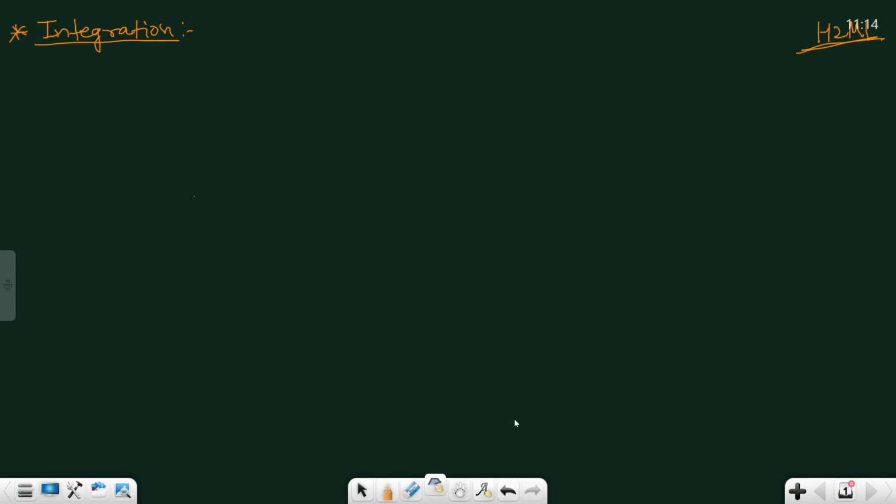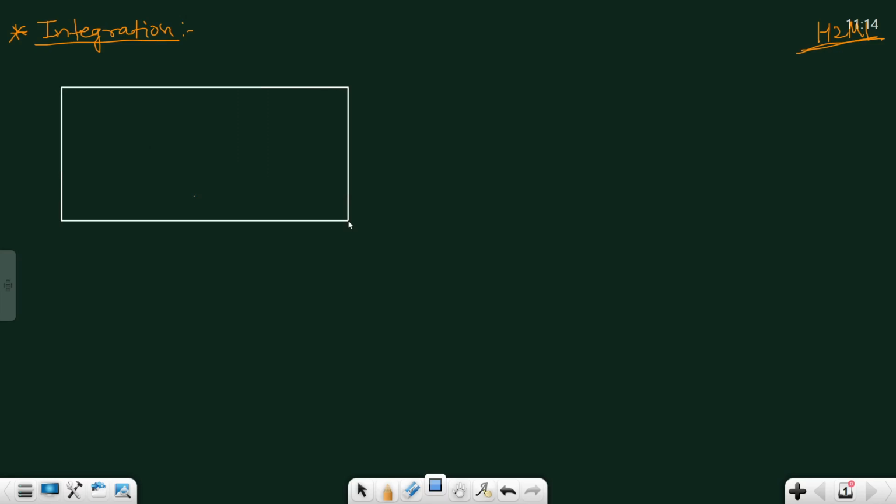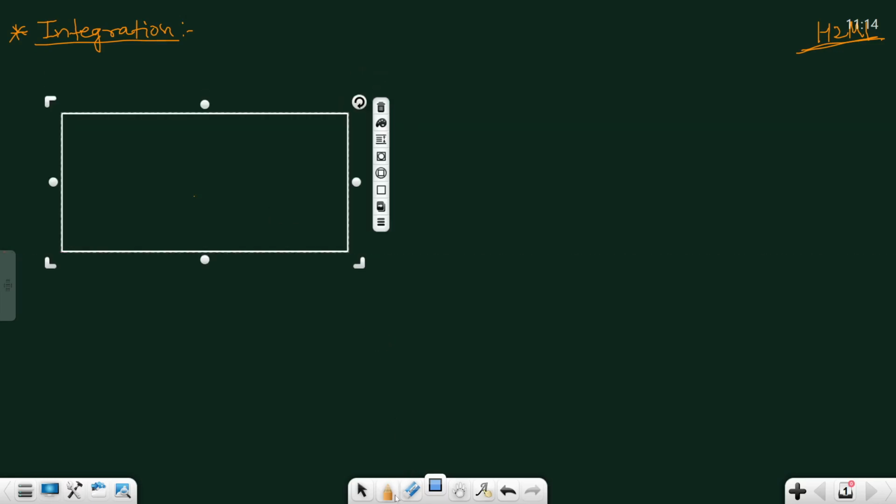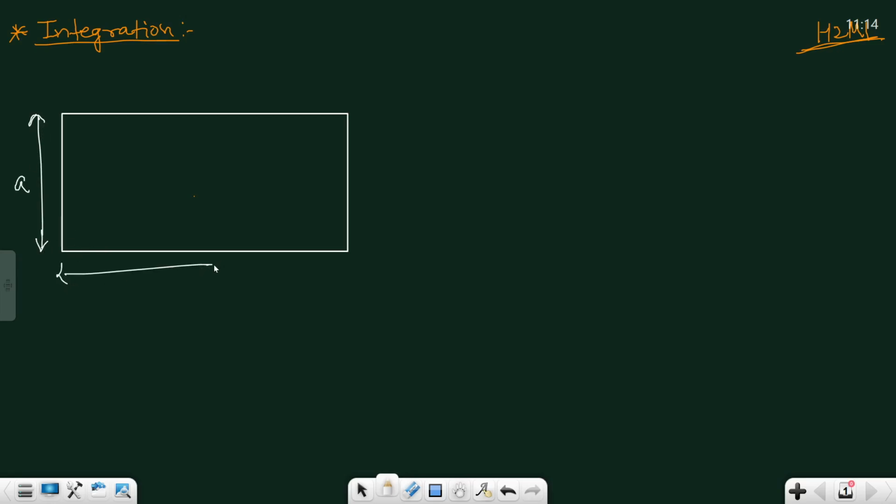Integration means, suppose you have a rectangle. सबसे बेस्ट एग्जांपल रहता है ये. This is a rectangle, having some width A and length B. So what will be the area of this rectangle?